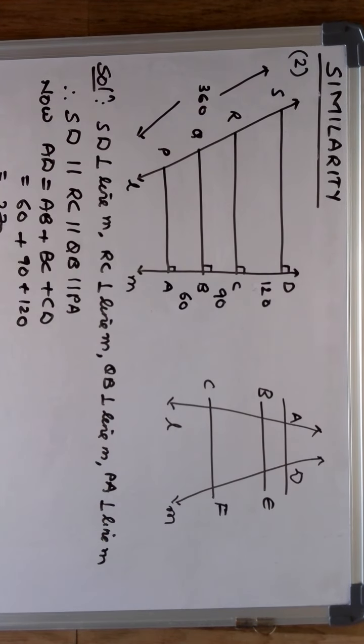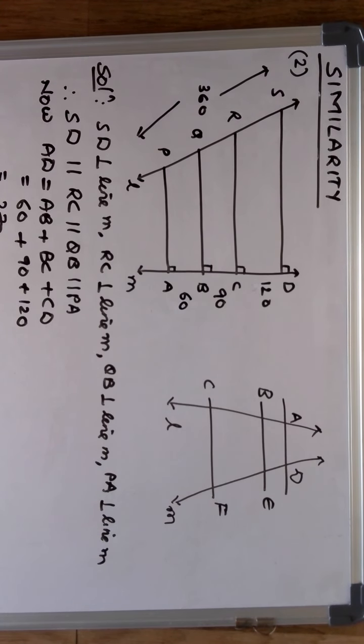Agreed? But the condition is what? These three lines must be parallel. Then the ratio of intercepts made by three parallel lines on one transversal is equal to the ratio of intercepts made by any other transversal on the same lines.